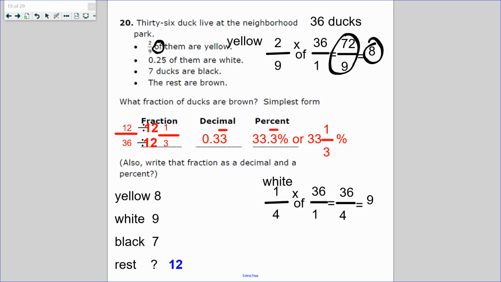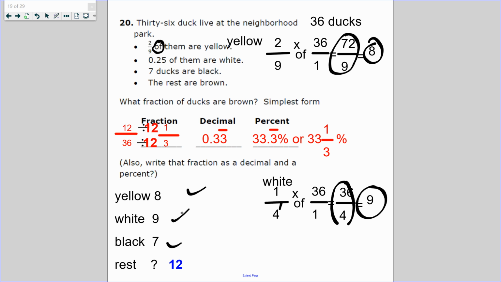25 hundredths. Do you know what fraction that is? That's 1/4. Can you split the 36 ducks into a fourth of a group? 4 groups. 1/4 times 36 is 36/4 or 9. 7 are black. So 8 are yellow, 9 are white, 7 are black.